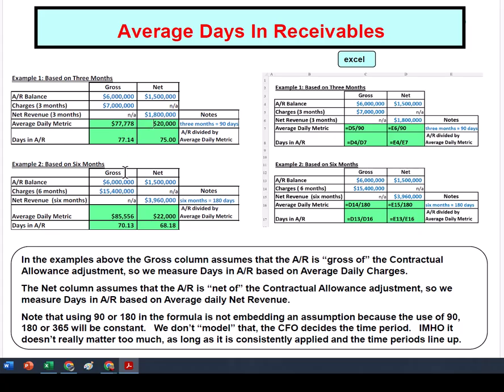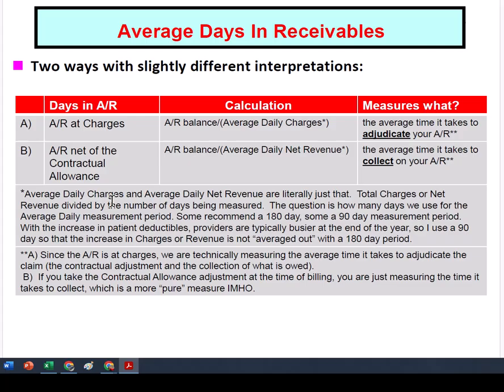If we did that at 6 months, we would take 6 months of charges and divide that by 180 days. The AR balance is the same, that doesn't change. 6 million divided by 85.56 gives us 70.13.